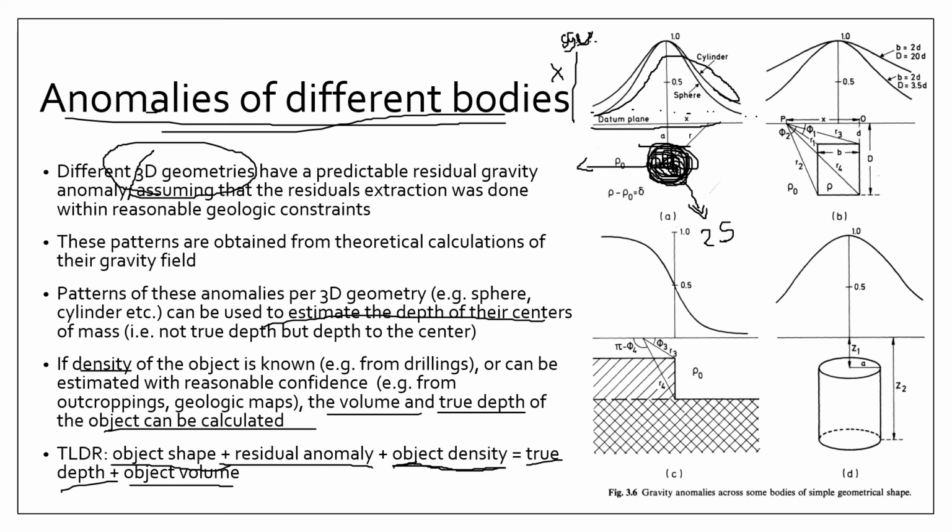Gravity can be powerful if you can constrain your investigation, which is true for all geophysical investigations. The limit of geophysical investigations is all about the constraints and the understanding that you have in the area.